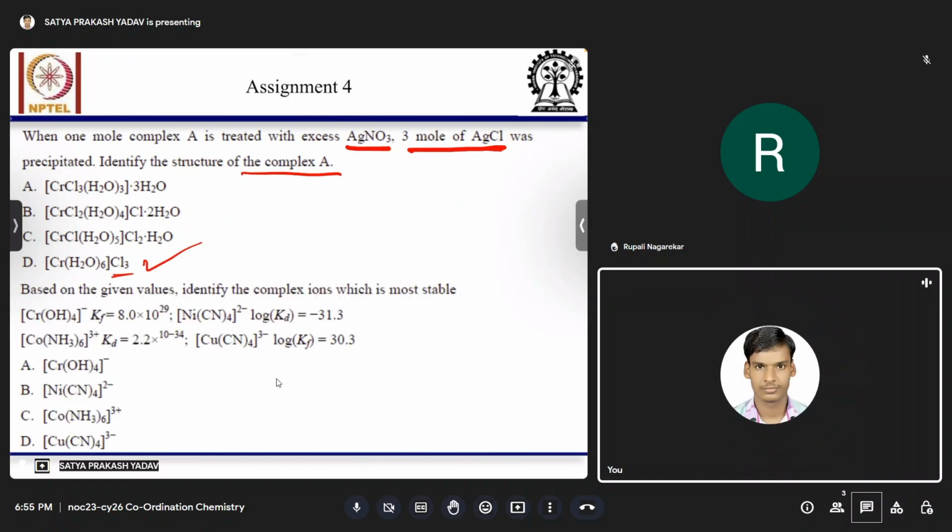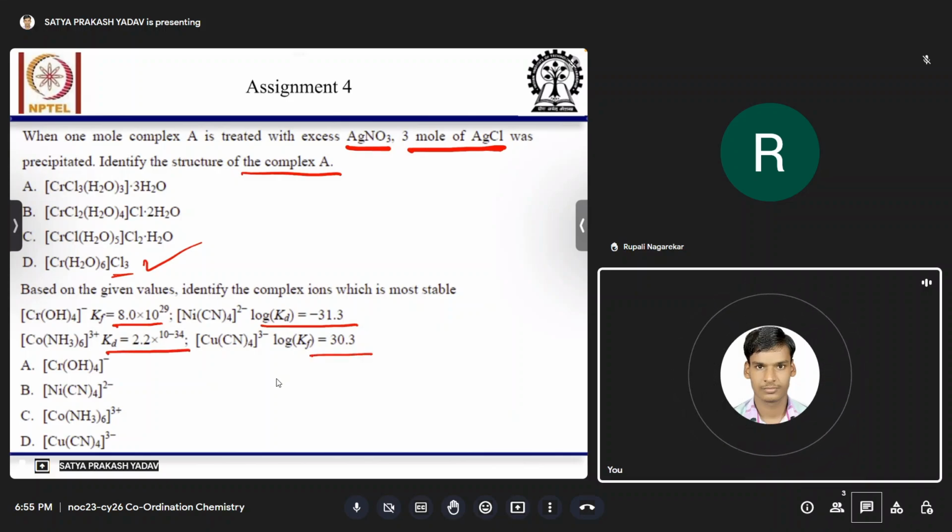Based on the given value, identify the complex ion which is most stable. So we have Kf for 8.0 into 10 power 2, minus log Kd for Ni CN is minus 13.1, and Kd of 2.2 is given in addition.